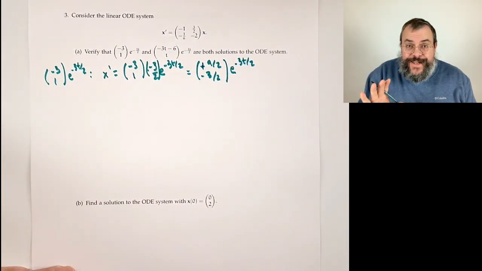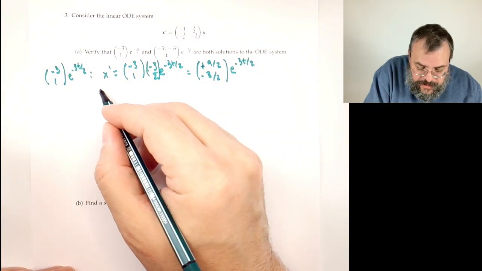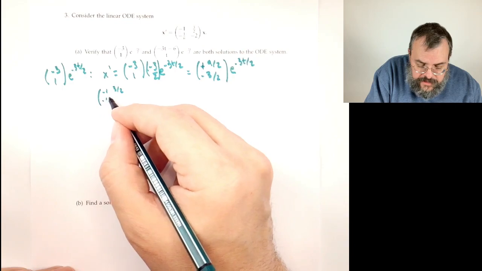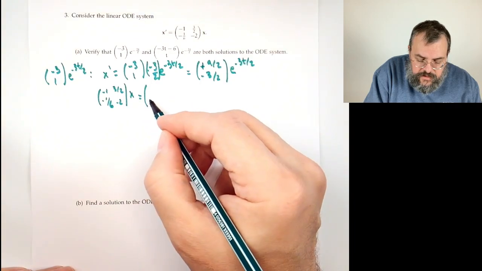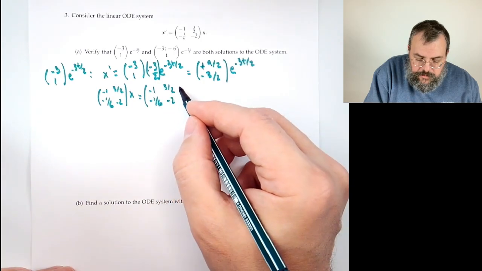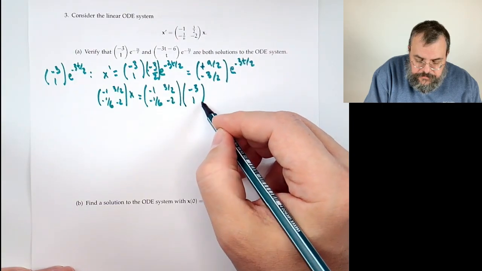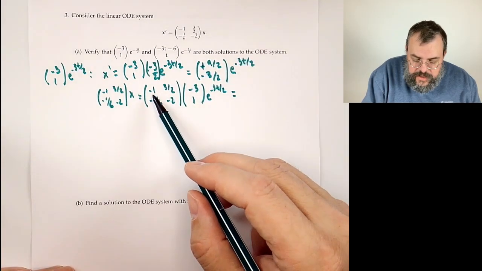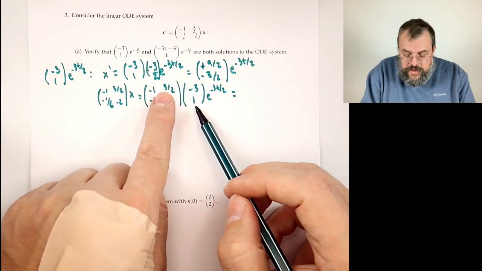We haven't verified anything yet. Now we've got to do the other side. So the other side, the matrix with rows -1, 3/2 and -1/6, -2, times x. So the matrix times this part, (-3, 1) e to the -3t/2. We're going to get 3 plus 3/2.